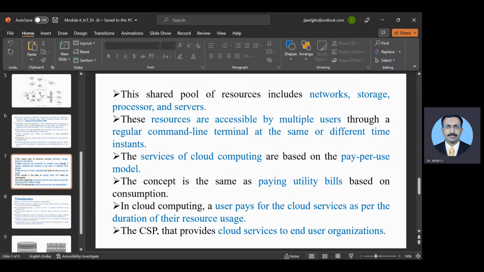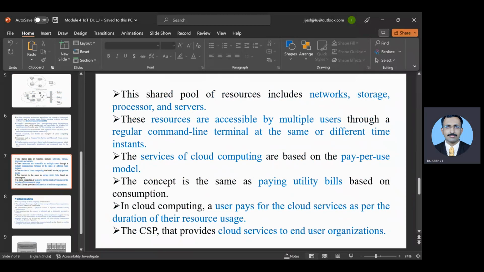Okay, and in cloud computing a user pays for the cloud services as per the duration of their resource usage. Like you are using it for a certain period of time, you have to pay for that and you use it. So most of the facilities can be utilized as per the requirement of the user.